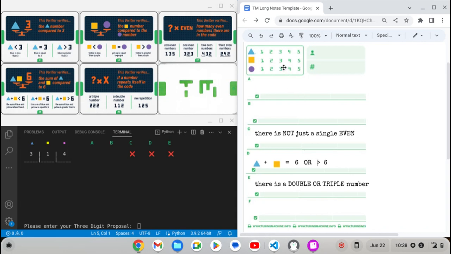I'm wondering, are there more cases where the sum is 6 or greater than 6? So if they're equal to 6, then you have some possibilities. You got 1, 5 or 5, 1. You could have 2, 4 and 4, 2. And then you could have 3, 3. So I guess those are all equal to 6. And how about greater than 6?